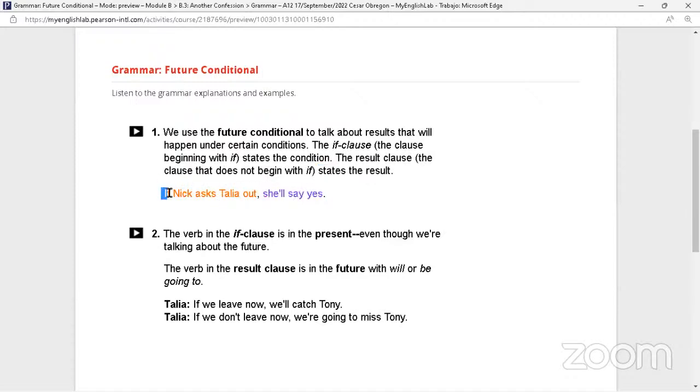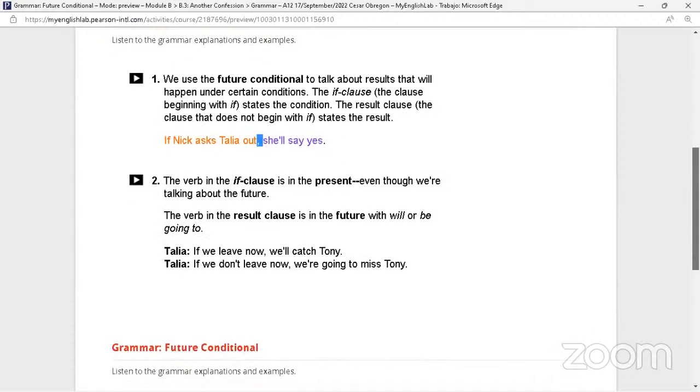And don't forget, since we start with if, we need to separate it with a comma. Perfect. Number 2. The verb in the if clause is in the present, even though we're talking about the future. The verb in the result clause is in the future with will or be going to. If we leave now, we'll catch Tony.